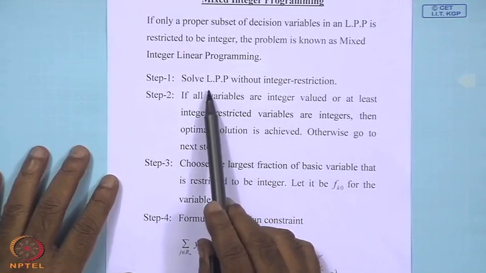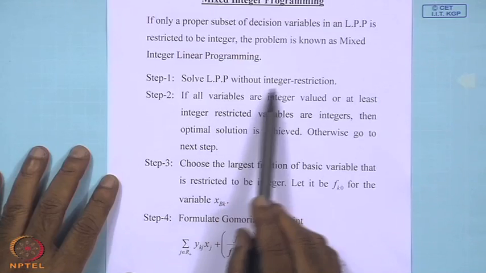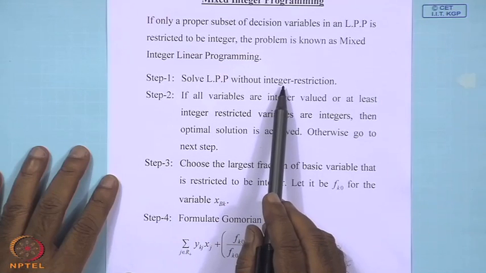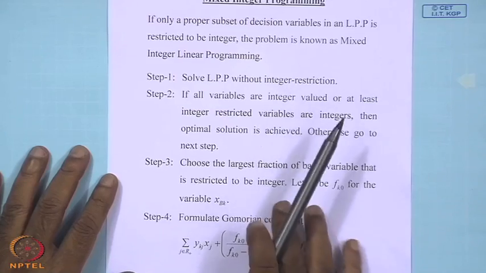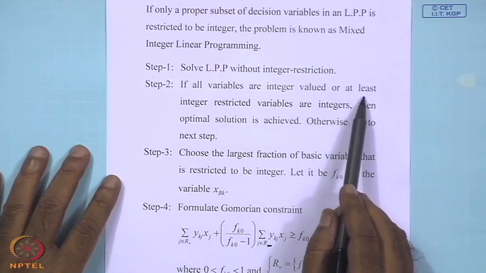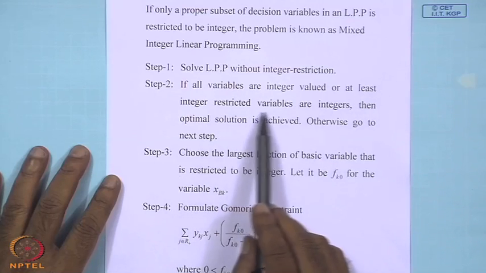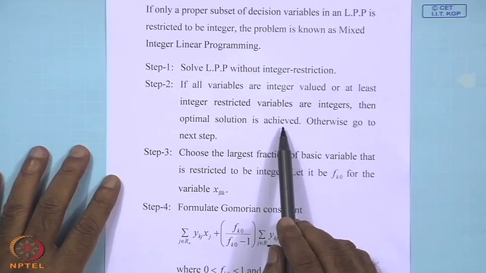Step 1, solve the LPP without integer restriction, that is you are solving it without any restriction that some of the variables must be integers. Step 2, if all the variables are integer valued, or at least the integer restricted variables are integer, then the optimal solution has been achieved.